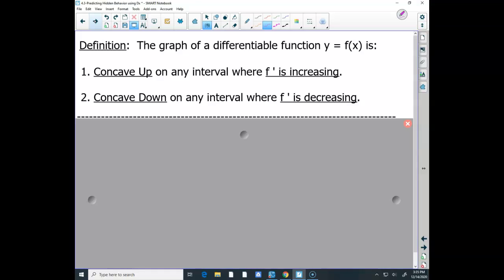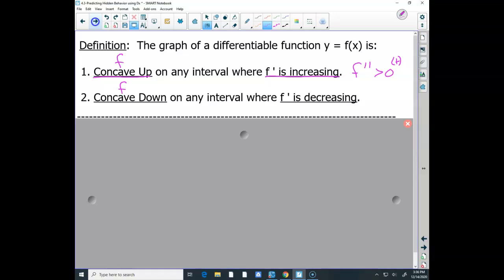Definition: the graph of a differentiable function y equals f of x is concave up on any interval where the first derivative is increasing. So if f prime is increasing, I'm concave up, and that by default means the second derivative will be greater than 0, or positive.